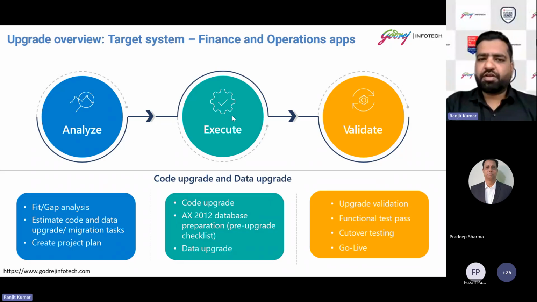And post that, we'll execute our actual upgrade, where we do code upgrade and data upgrade. And once that is done, then we'll do validate. In the validate phase, we do complete end-to-end functional test, and we'll get sign off from the customer, and we'll prepare for go live, right?